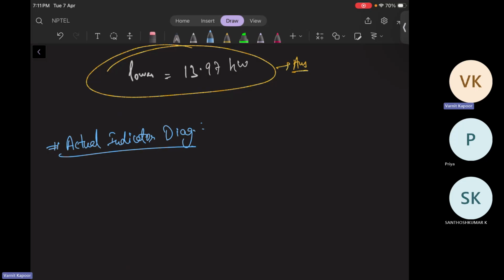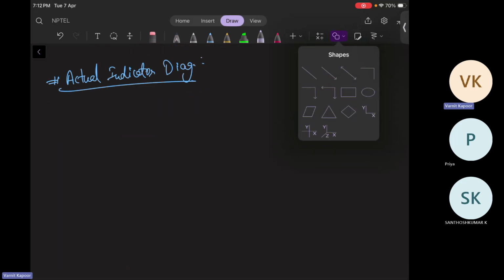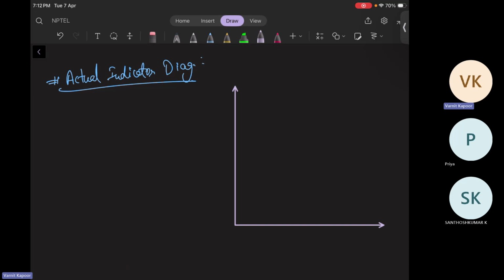So in actual condition, there will always be resistance because of the presence of friction during the suction and the discharge, due to which the work input of the compressor is always going to increase. So in actual, let me show you in the form of a diagram. First of all, pressure versus volume plot. This is the pressure versus volume. So theoretical cycle was looking like this: 1 to 2, 2 to 3, 3 to 4, and 4 to 1.